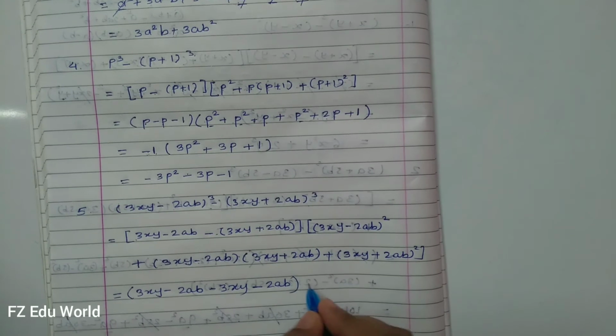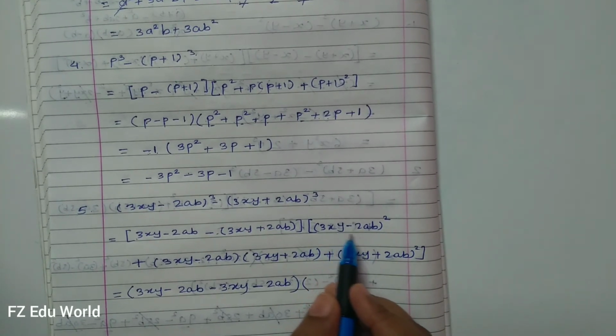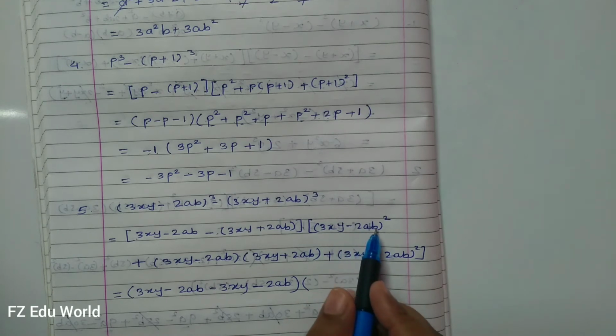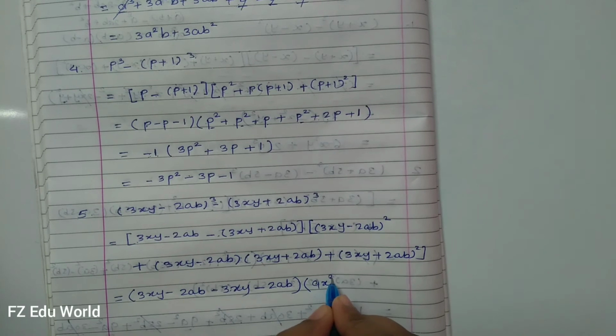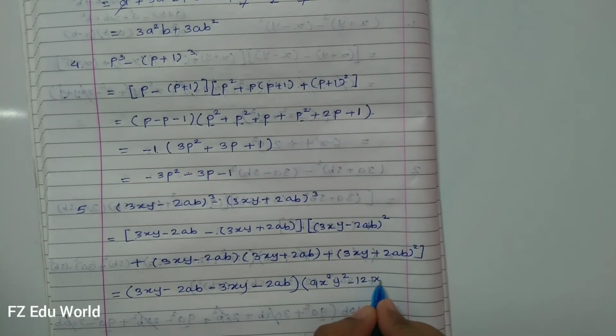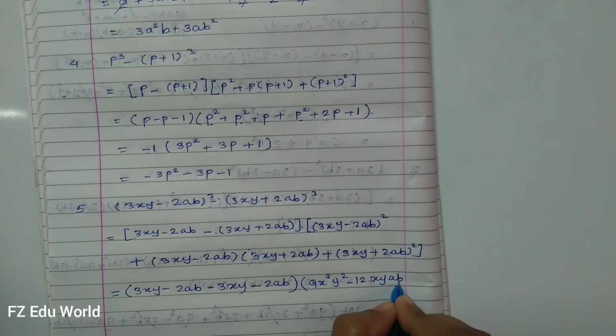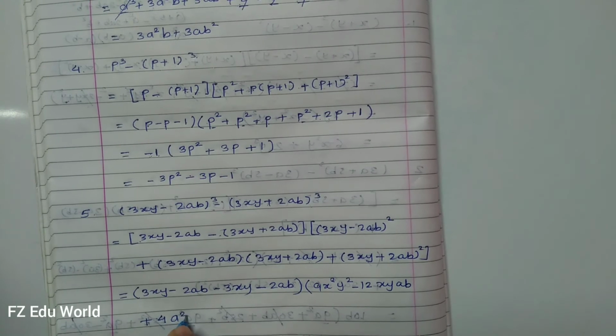Now in the second bracket, here we have to apply the expansion of a minus b bracket square. It will be equal to 9x square y square minus 12xy into ab plus 4a square b square.